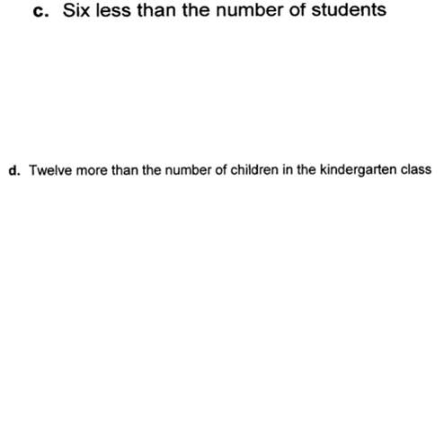The first phrase up on top here that we're going to make into an algebraic expression is 6 less than the number of students. Remember that an algebraic expression or equation doesn't have meaning unless we tell you what the variable stands for. So the first thing I'm going to do is say x equals the number of students.